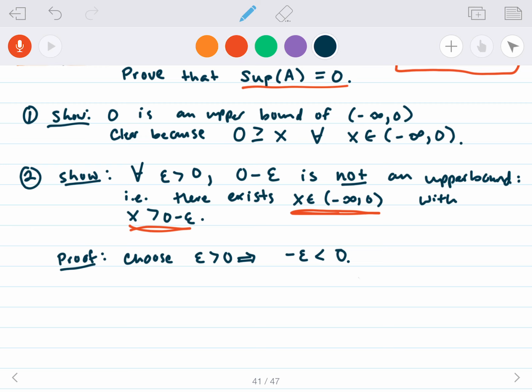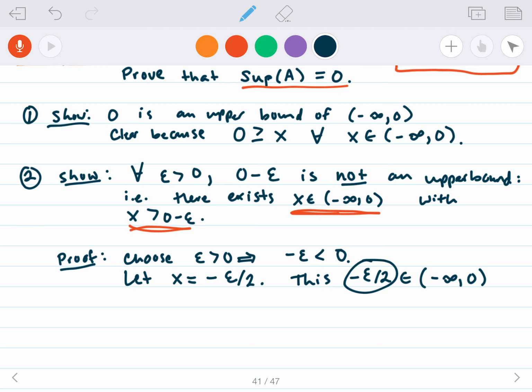So if we let x equal negative epsilon over 2, this negative epsilon over 2 is in negative infinity to 0, right? Because epsilon was assumed to be a positive number, so this is always going to be on the left side of 0 on the number line.